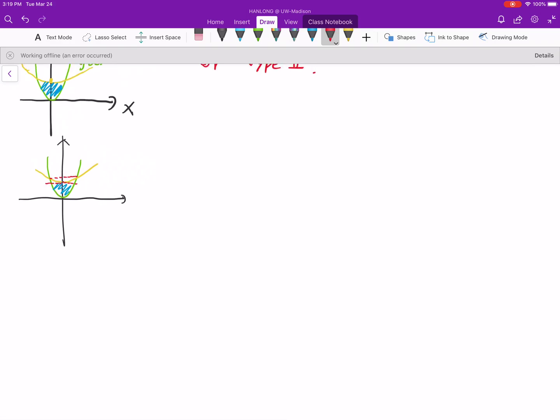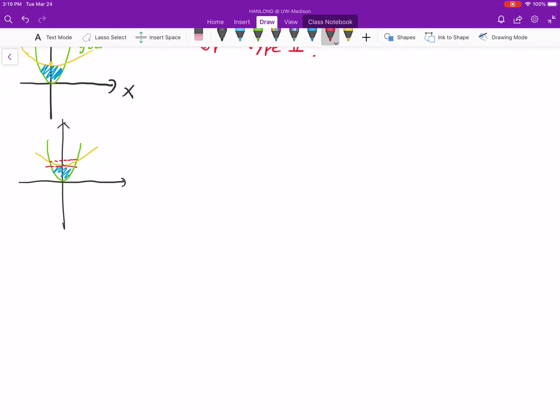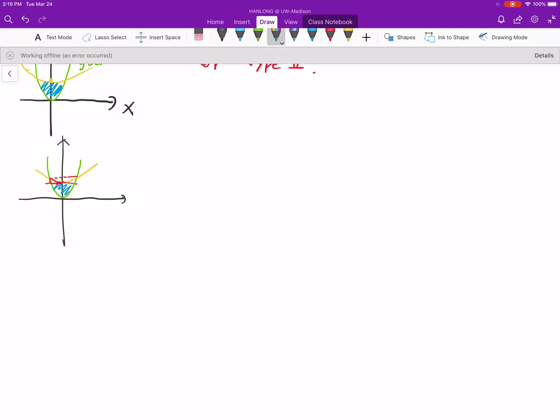But you see from the picture, if you want to do this, then you need to calculate 3 domains independently. So the first one given by this, and then the second one probably given by this, and then the third one given by this. You need to calculate them separately.